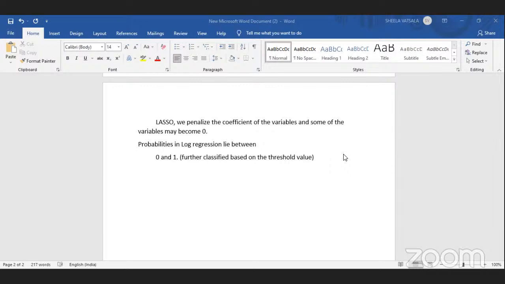Next, let's understand some terminologies. How do we calculate the accuracy? This is a very important topic, how to understand and how to calculate the accuracy in logistic regression.